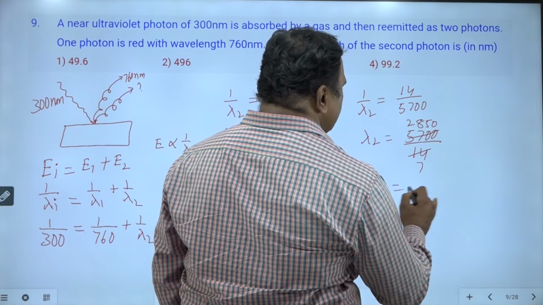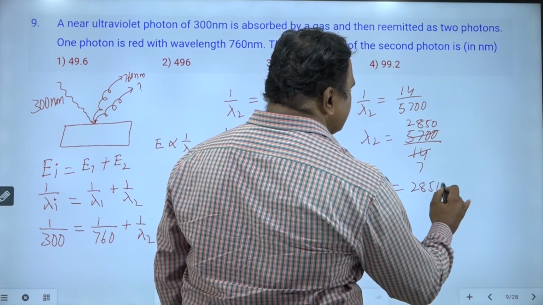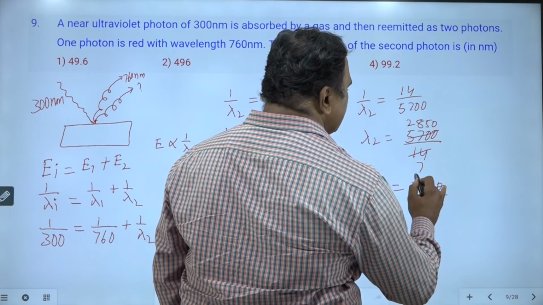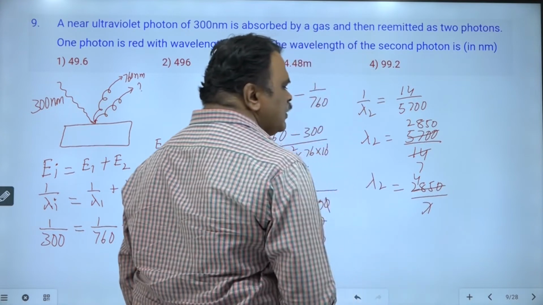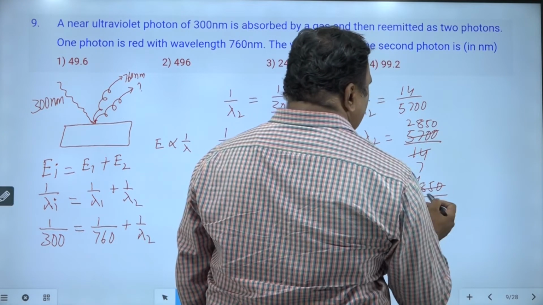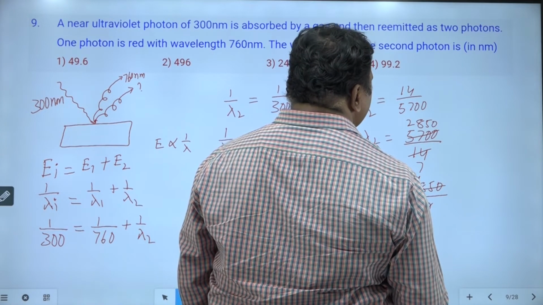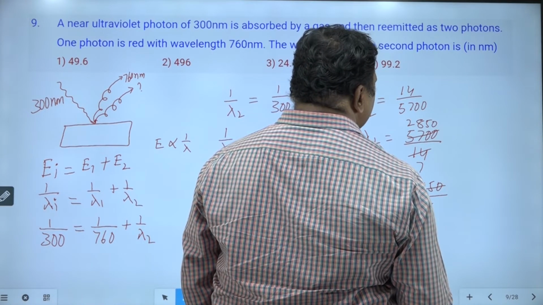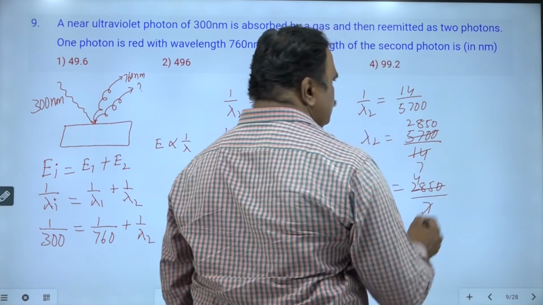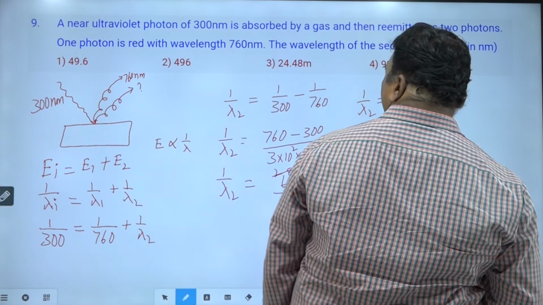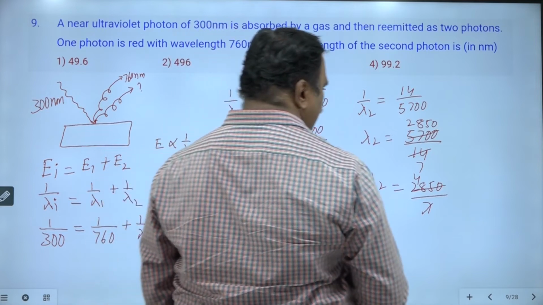Now lambda 2 is equal to 2850 divided by 7. 7 4s are 28. 7 7s are 49. So nearly 496, but not 49.